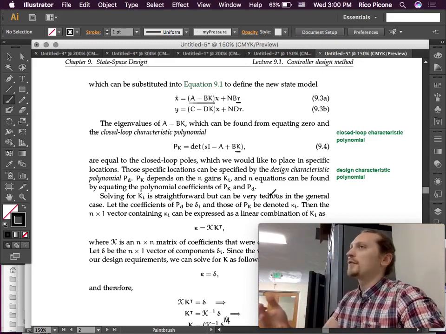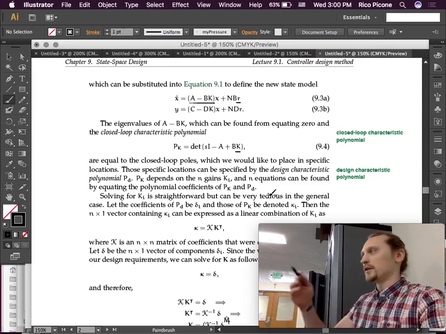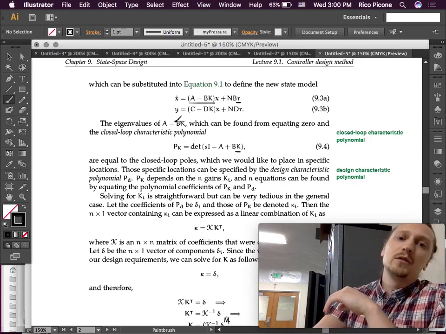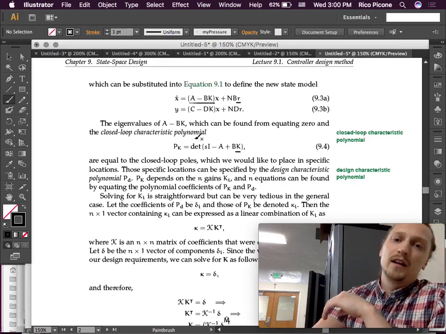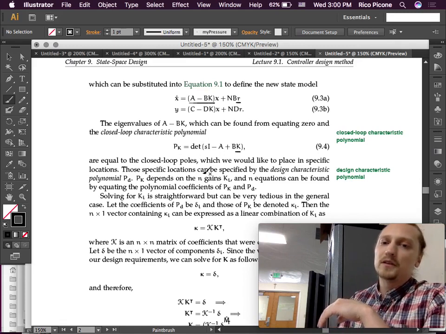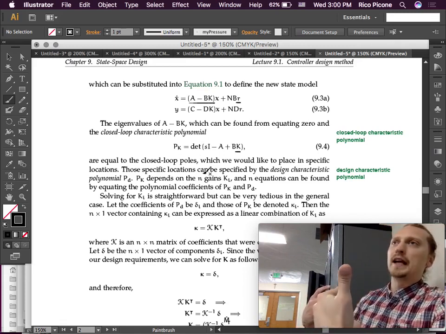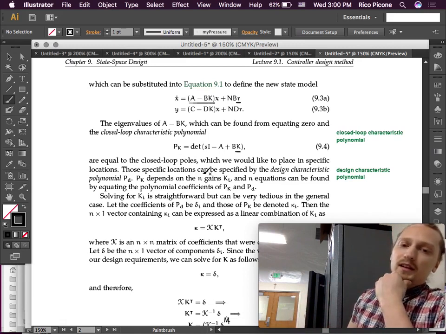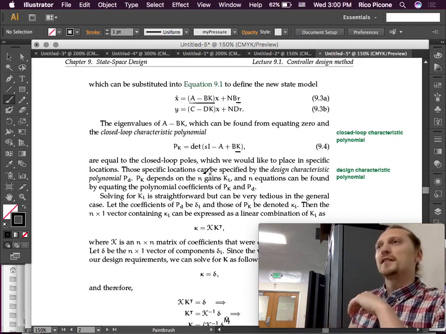It's going to have n coefficients, the order of that system. And we're going to set that equal to the actual closed loop characteristic polynomial. So we set those two equal to each other and we solve for all the gains that have to make that happen. Does that kind of make sense? I don't know if that's clear.